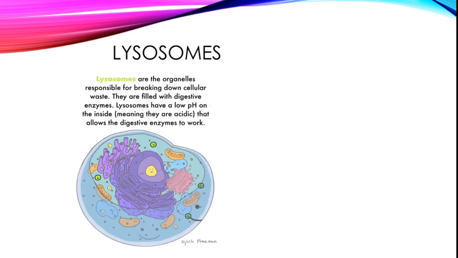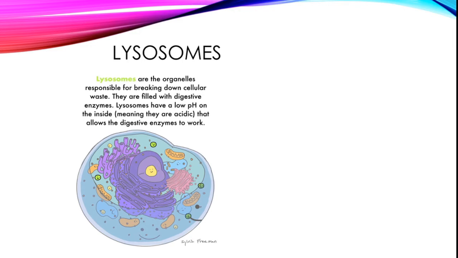Next cell organelle is the lysosome. Lysosome is commonly called the suicide bag of the cell. And why is it called the suicide bag of the cell? Because it digests all kinds of unwanted material in the cell, and sometimes the worn out and torn out cell is also digested.